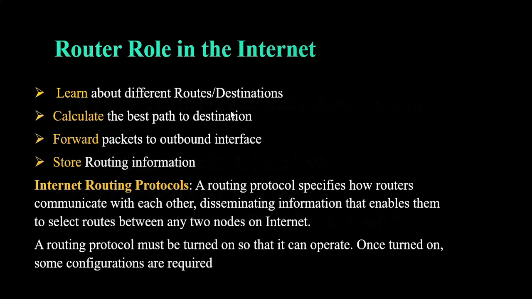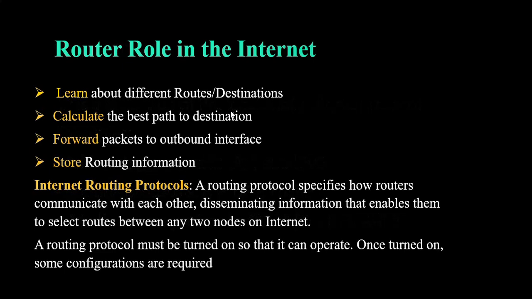The first role, the router learns about different routes and destinations. Another role, the router calculates the best path to a destination. It also forwards packets to the outbound interface. But also, routers store routing information.